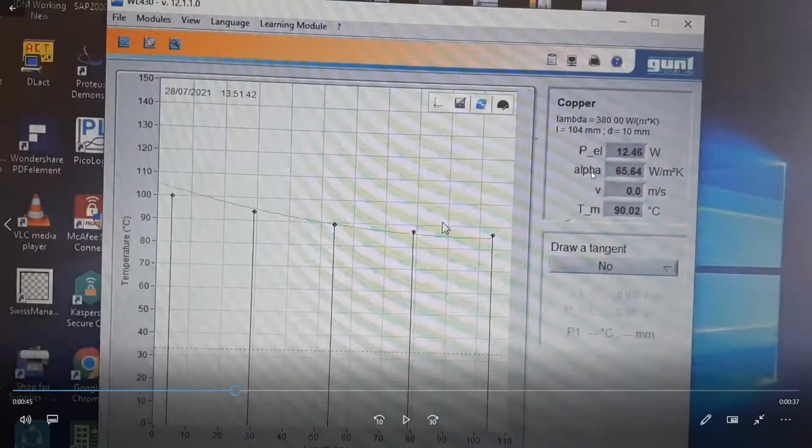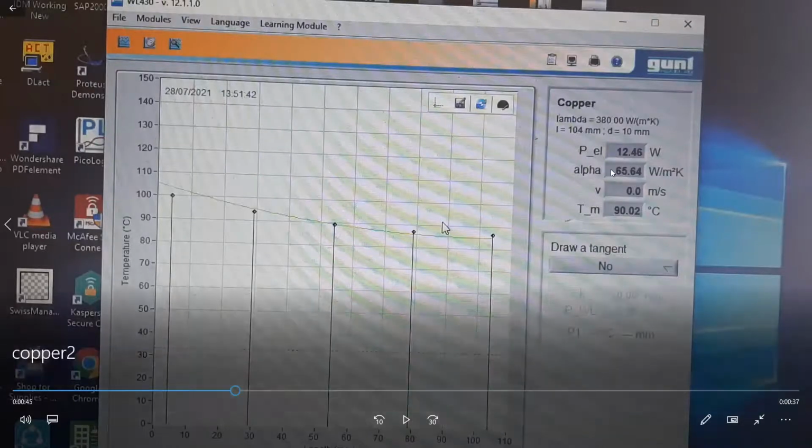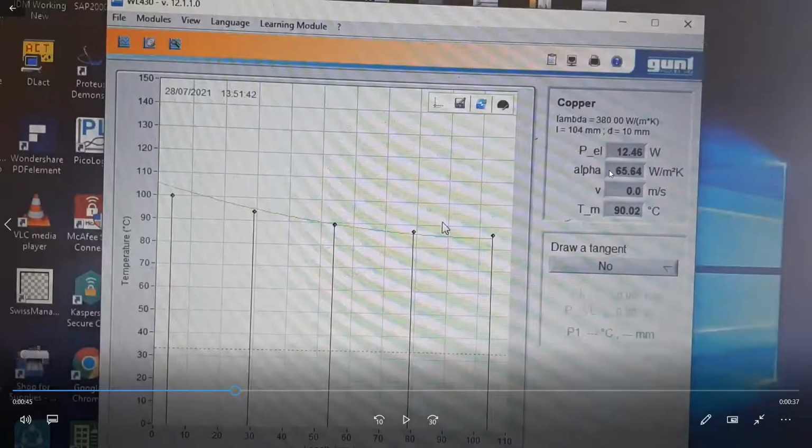So this software automatically calculated and gave it to you. We don't need this one, but we can check which has the high resistance and which has the low heat resistance. If one metal has low resistance, that means that metal has high thermal conductivity.